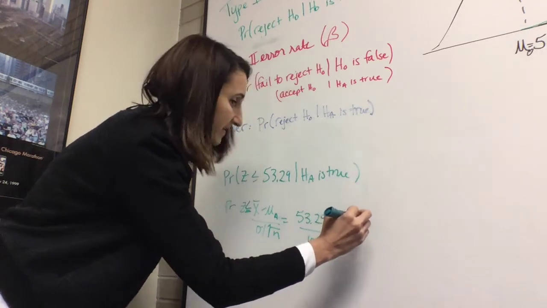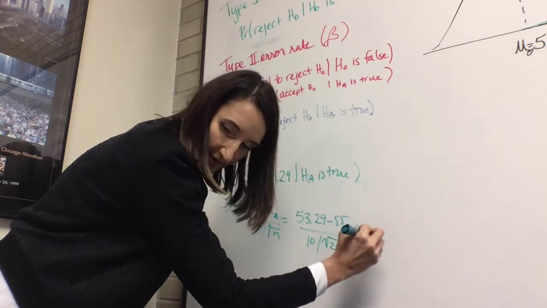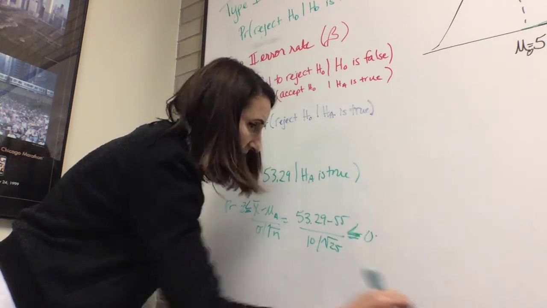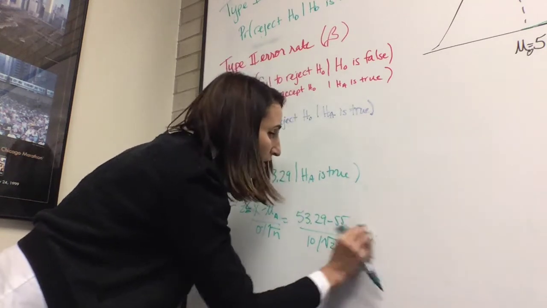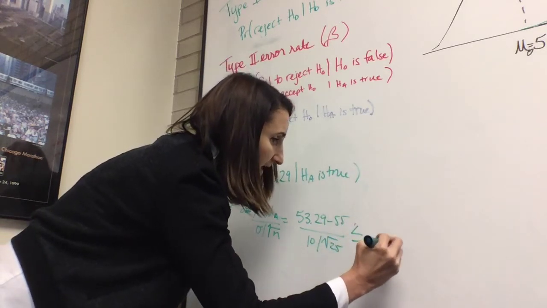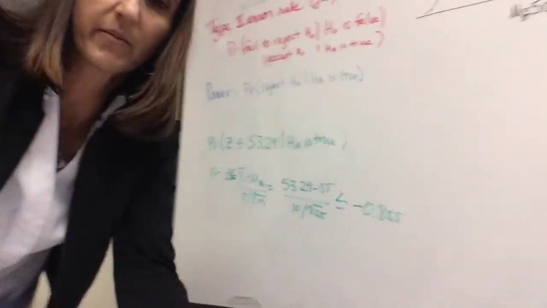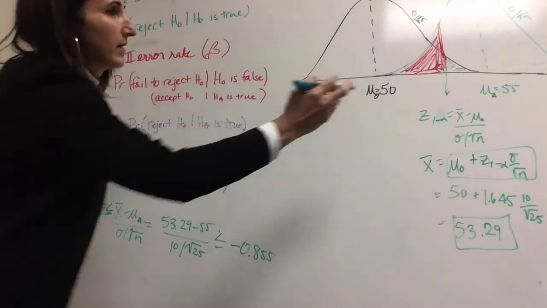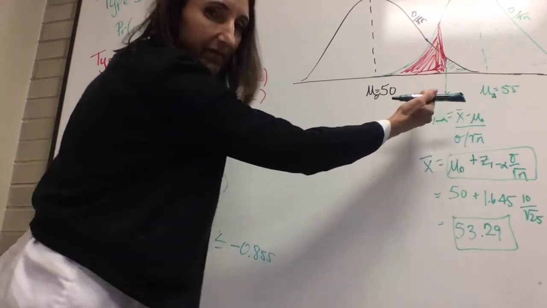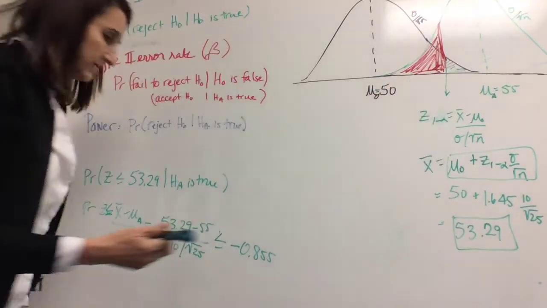the probability that Z is less than or equal to, sorry, I got that wrong, it's less than or equal to minus 0.855. Right, and that makes sense. If we look back up at here, we're on the negative side of the mean, and we're about 1 standard deviation below.